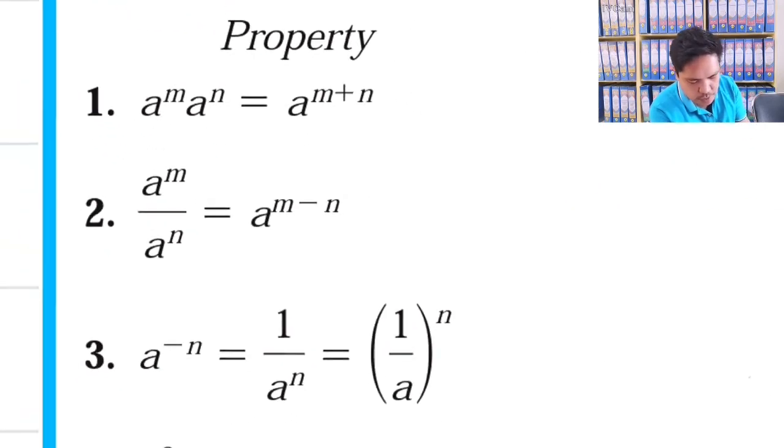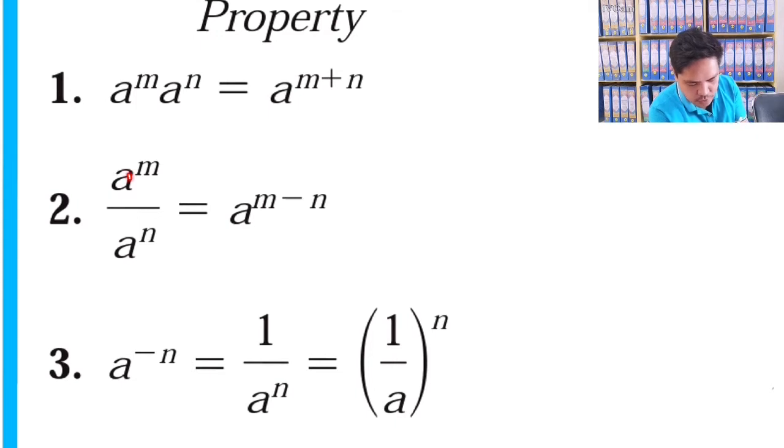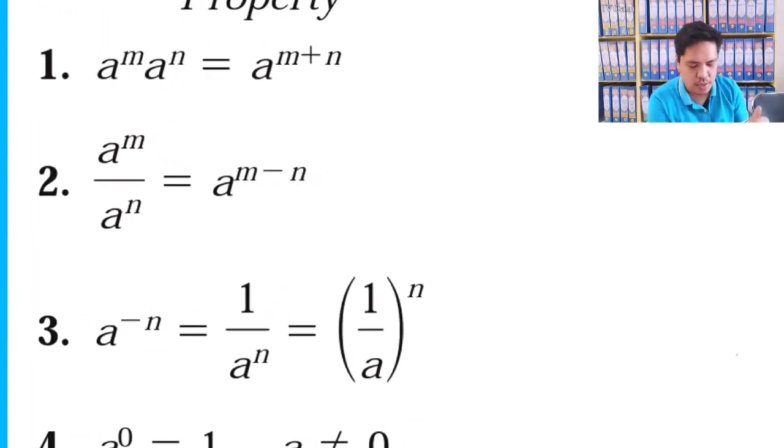How about this? If the operation is division, we have A raised to M over A raised to N. That is equal to A raised to the difference of M and N, or M minus N. Why? Again, it's the same.